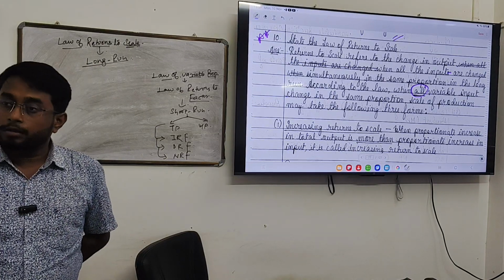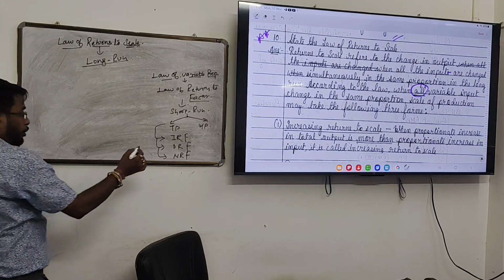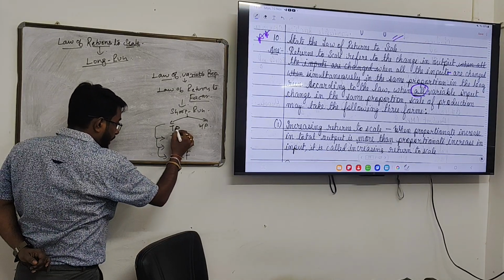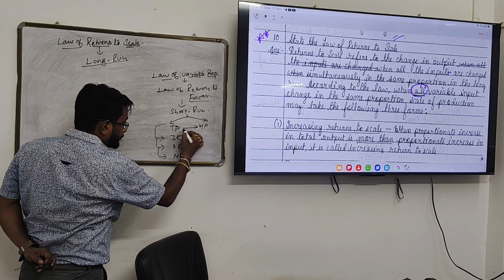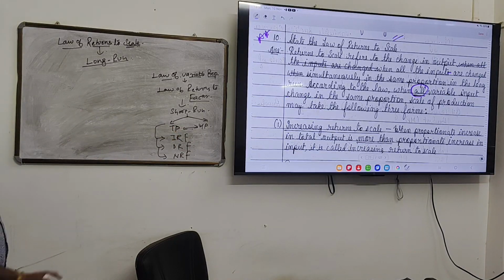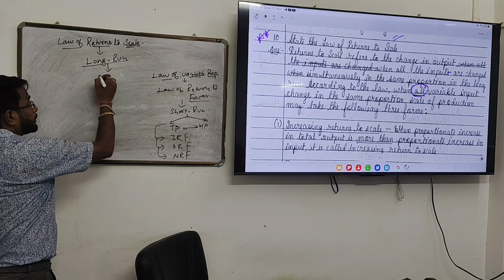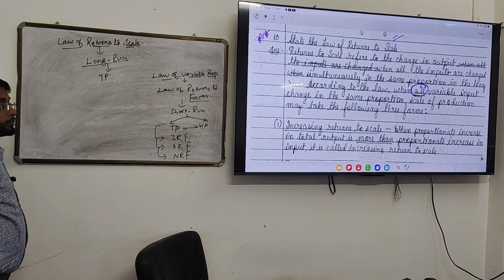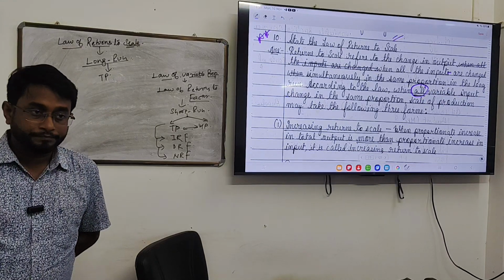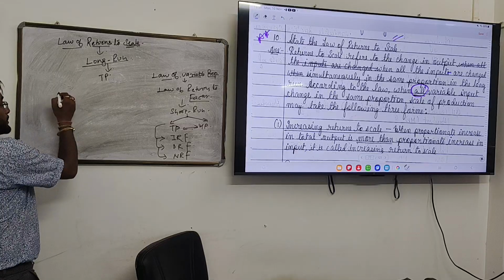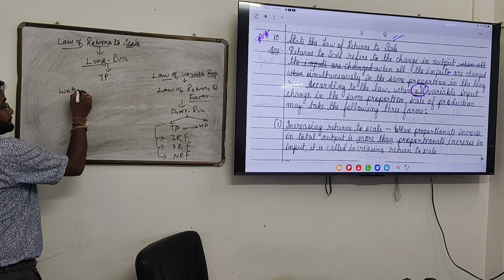And this law is explaining not about the relation between total product and marginal product, rather only about total product. Clear?